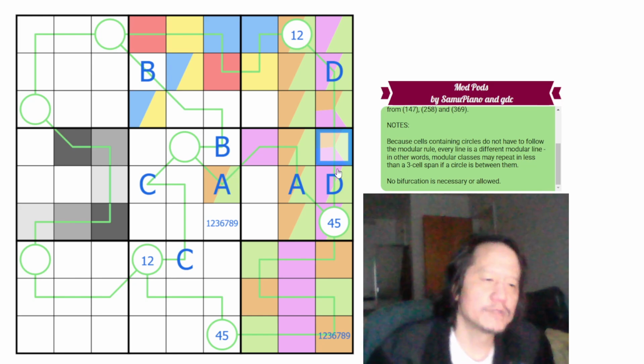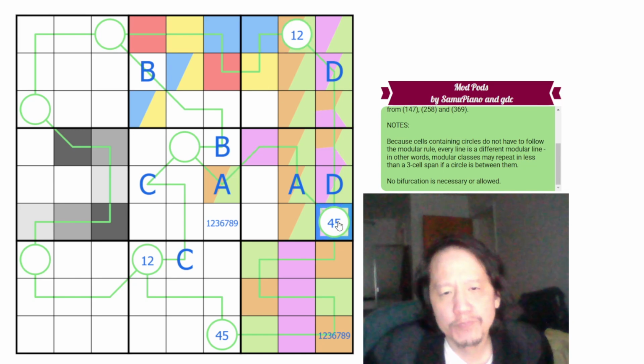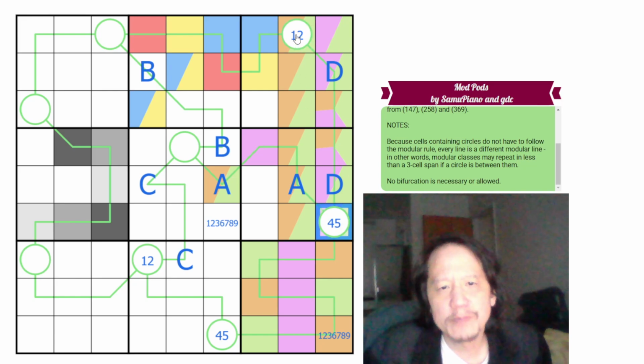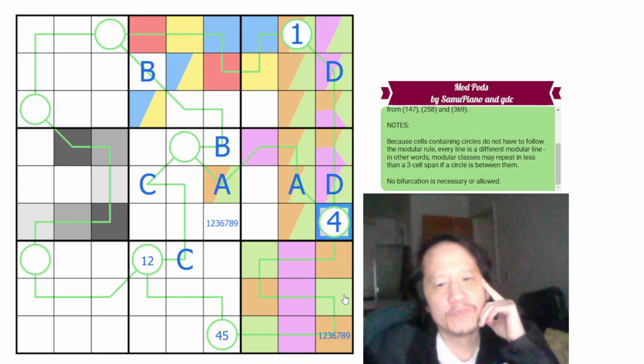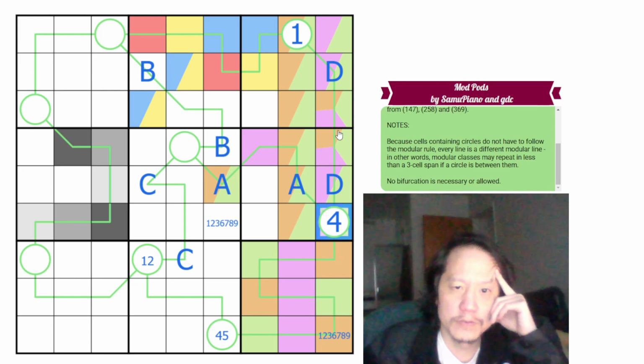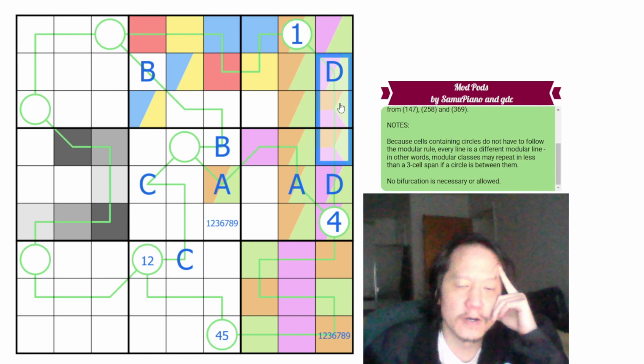Oh, interesting. So if these are the same, and therefore they're both green, what happens if it's 14, right? If it's 14, that means there's 2 greens here. There can only be 1 green here. So that means one of these has to be 1 or 7.